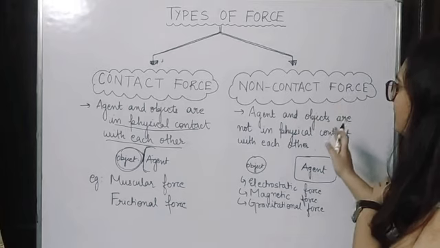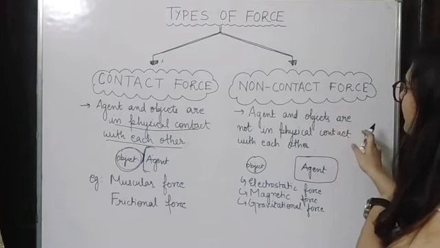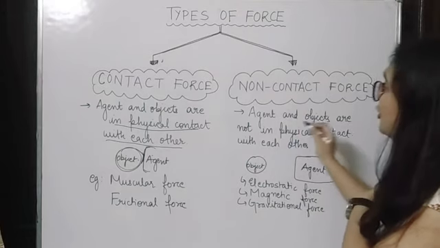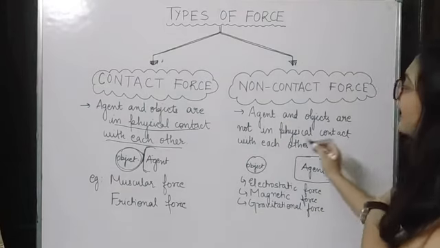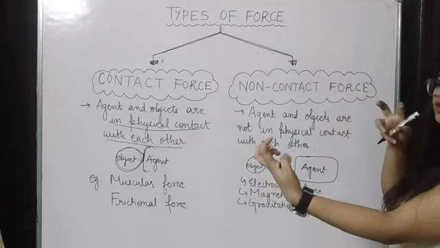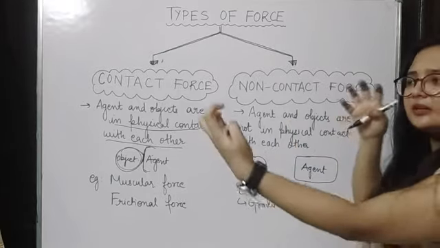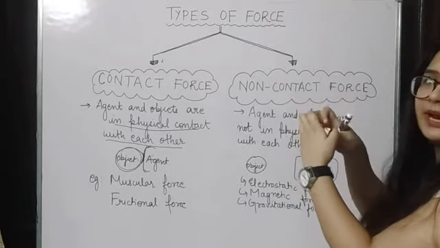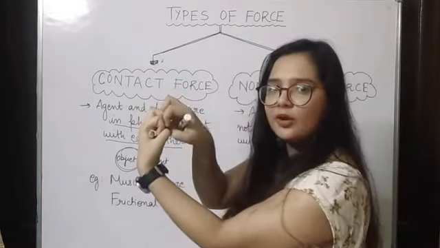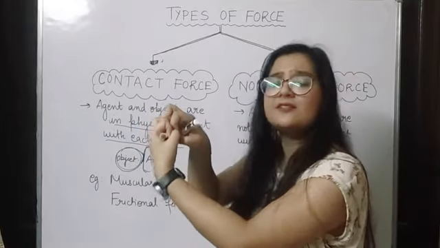Whereas if we talk about non-contact force, the agent and the object are not in physical contact with each other. That means the object and the agent are far away from each other. They are not in direct contact, whereas in contact force, they were in direct, physical contact.